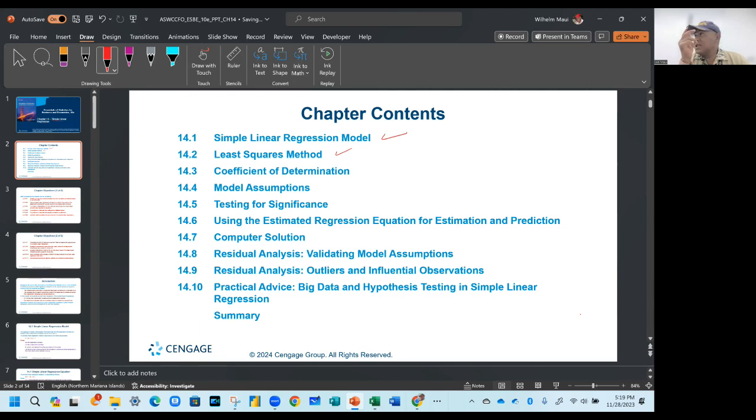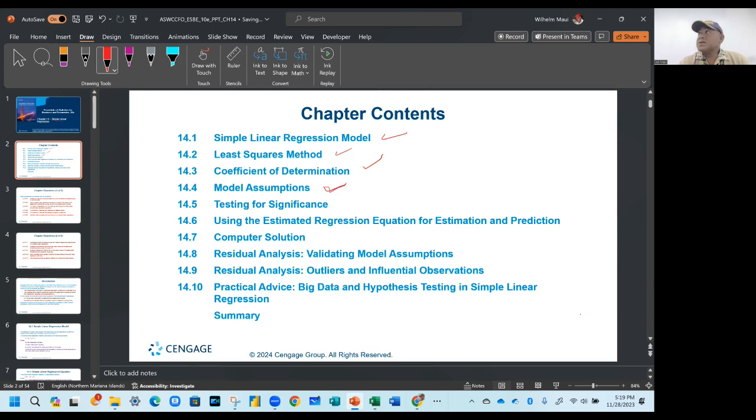You're still computing the total variance, and then you're going to see how much of the variance is due to your independent variable. In this case, we're only going to have one independent variable, then the residual is going to be your error, no? The method used in this context is what is referred to as ordinary least squares, no? And then we'll look at what is a coefficient of determination.